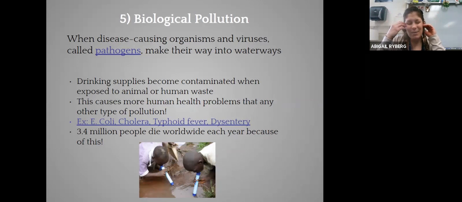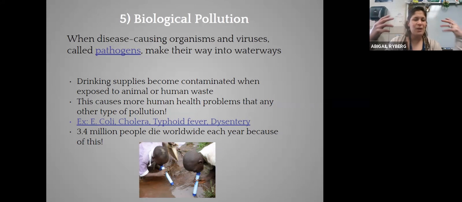Now, it kind of seems crazy to us. Again, our drinking water here, we're just so lucky. However, if you've ever heard of the recall of lettuces, for example, or spinach, that is biological pollution. That's usually E. coli, which is bacteria that has been sprayed onto the crops and then gets shipped throughout our Kroger.